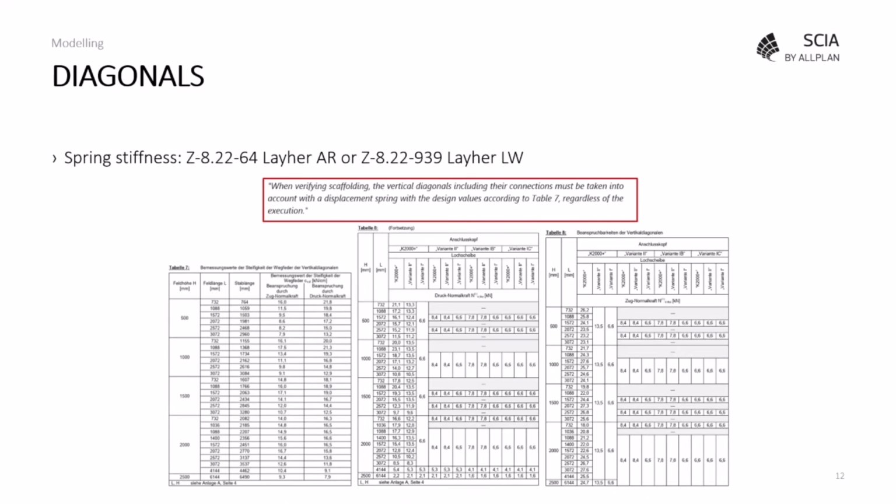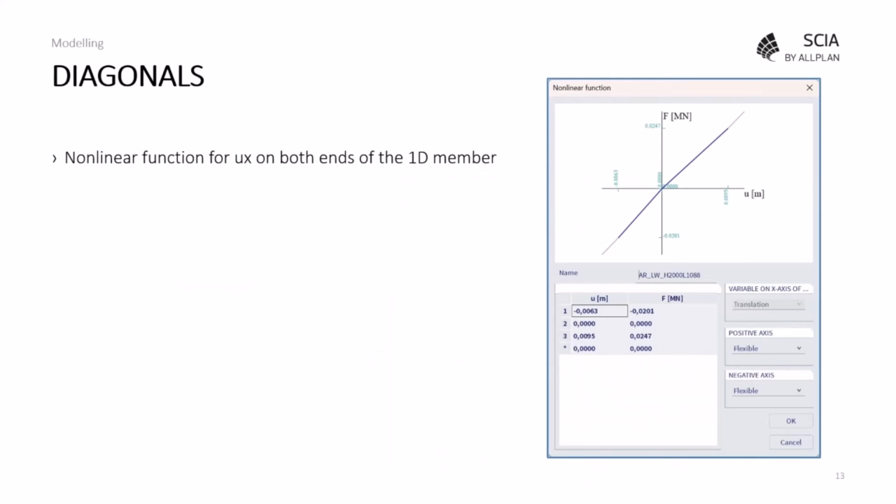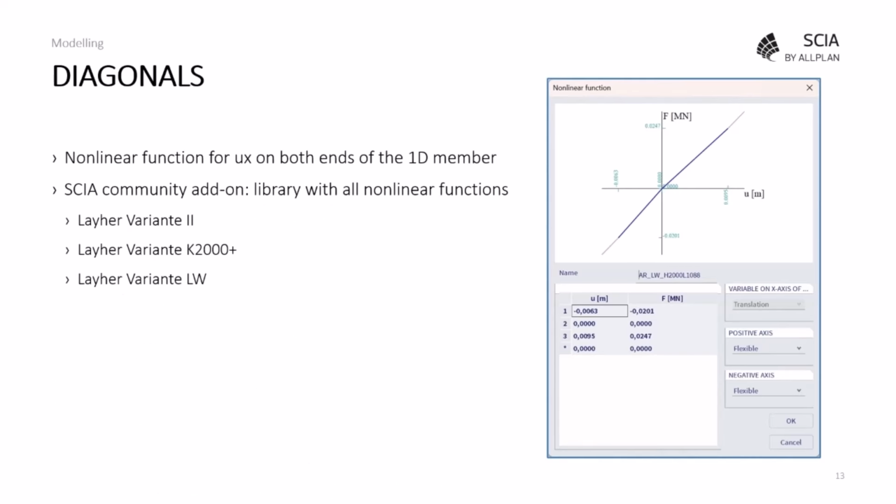With that information, you can derive a nonlinear function to apply in this case for the UX component of the hinge on the diagonal. On the website as well, you can find a library which can be downloaded, which contains all the nonlinear functions for the diagonals of the three layer types that you see here.